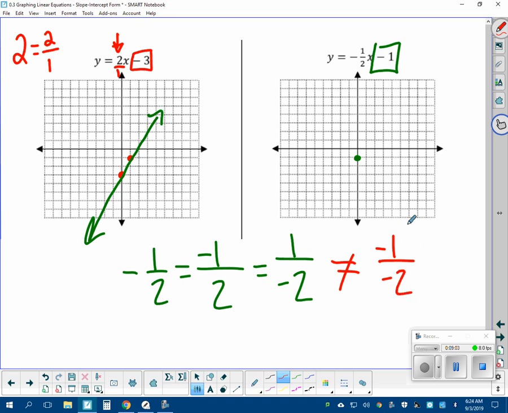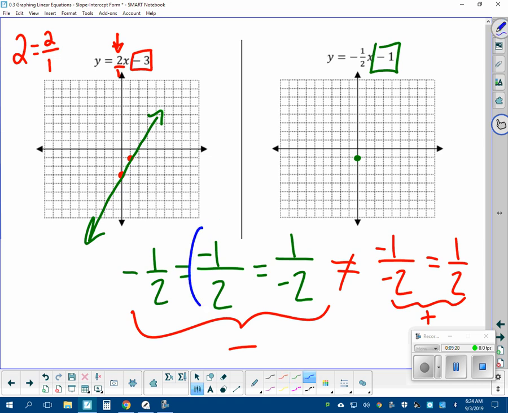Because this would be equal to positive 1/2. Notice these 3 are all negative. These 2 are positive. So you cannot put it on both spots. I always choose this one. Apply that negative sign to the rise, to the top number.